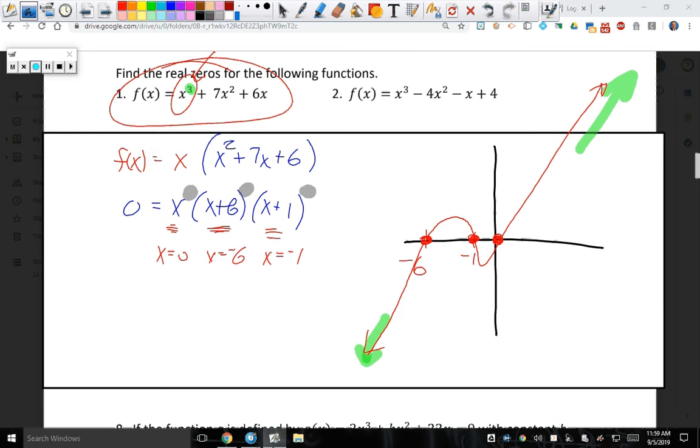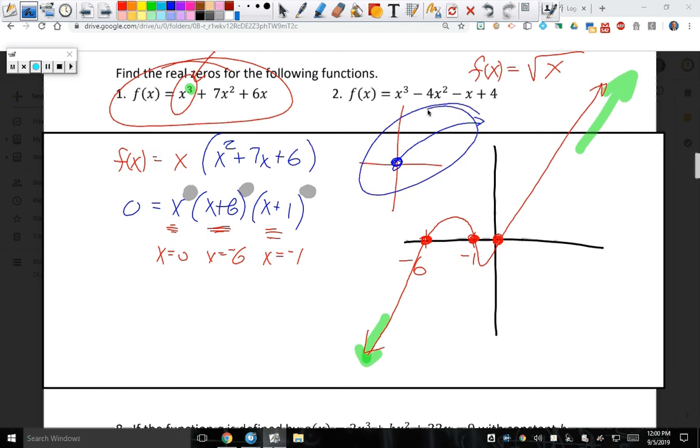If you remember back with square root of x, this parent function looks like this. The domain is not all real numbers. So whatever I mathematically solve for as far as zeros, I need to go back, and like Dylan said, I have to check my answers because the domain is not all real numbers.